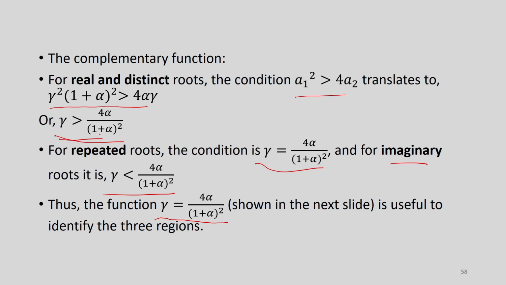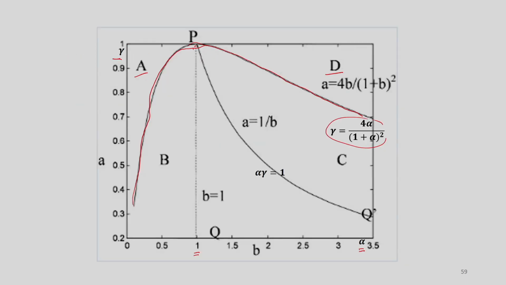On the line, these two things are just equal, so this is the case of repeated roots. For regions B and C, gamma is strictly less than 4 alpha divided by (1 plus alpha) whole square. This is the case of imaginary roots. So these cases are represented in this diagram in a very neat manner.